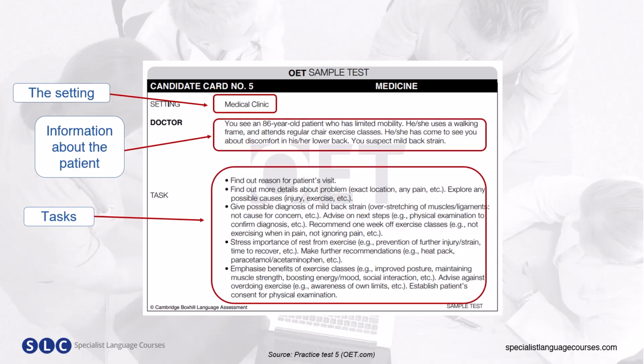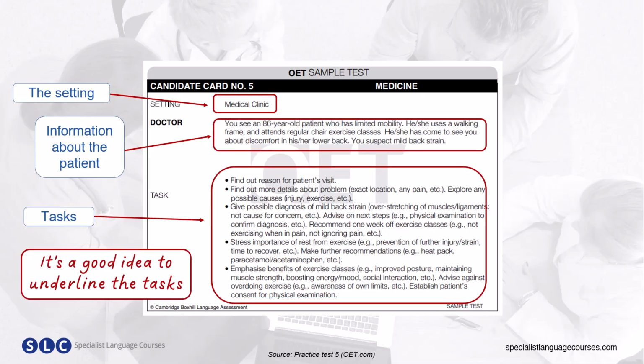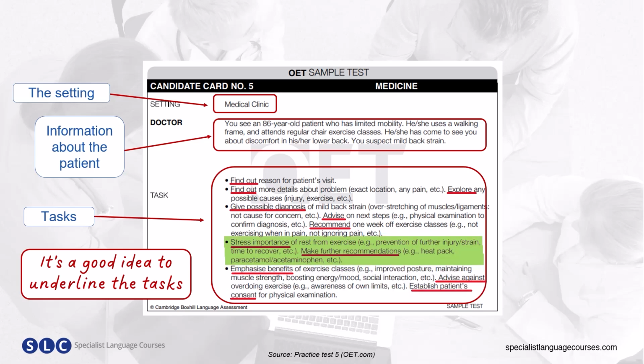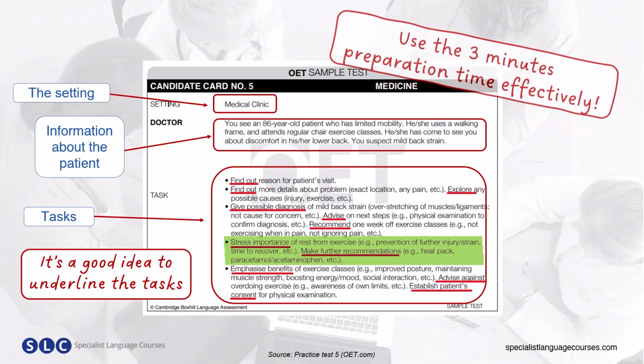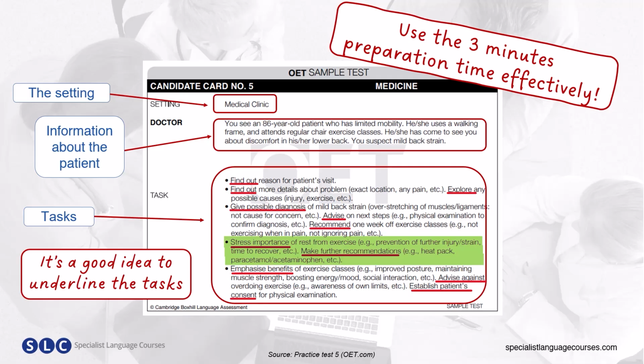And then you have the tasks. It's a good idea to underline the task verbs. That way you won't miss any out, particularly if there are lots of tasks within one point, such as here in task 4. It just helps you focus. So make sure you use these 3 minutes effectively.